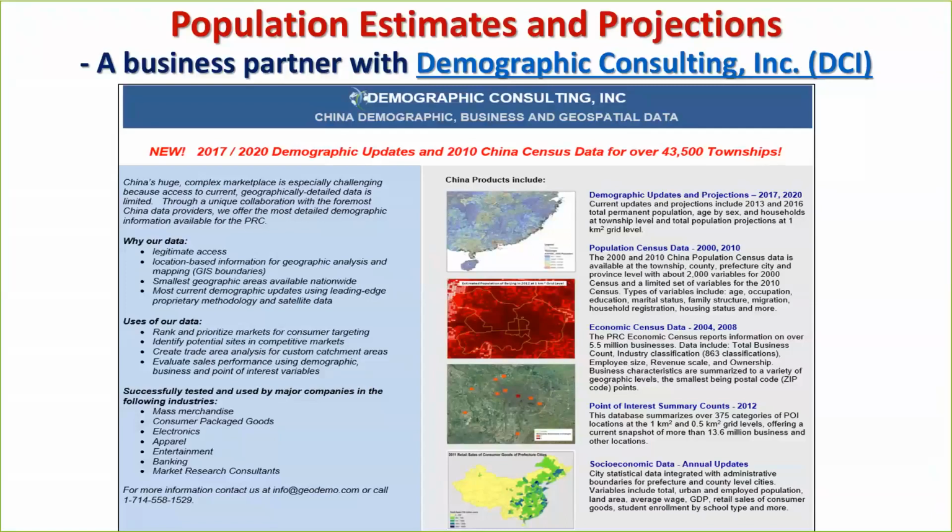For many studies, especially business studies, people would like to get the most recent data updates, but those data are not available from any official sources. So we have partnered with Demographic Consulting, Incorporated, DCI, to provide population estimates and projections for China.